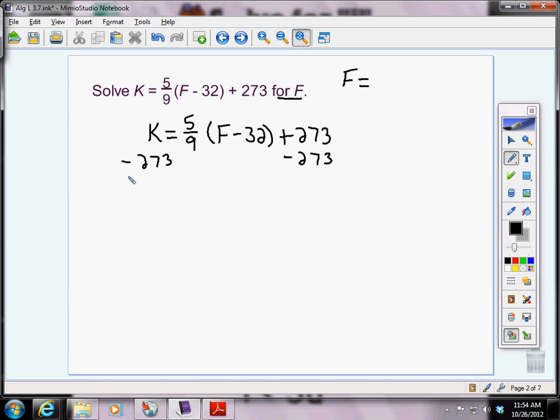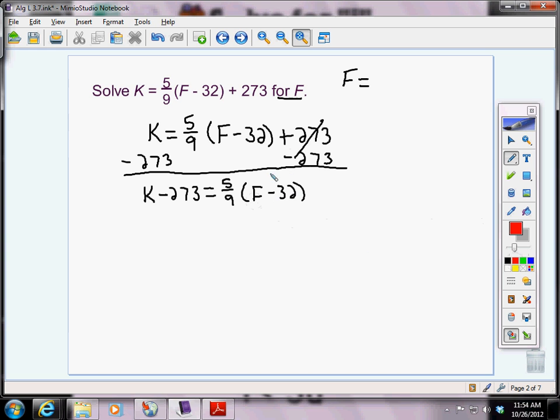Again, just following our rules for solving equations, even though we're working with two variables right now. We can't subtract this, but we can write this as K minus 273 equals what we're left with on this side, 5/9 times the quantity F minus 32, and this cancels out. Okay, so now we've gotten rid of one number.